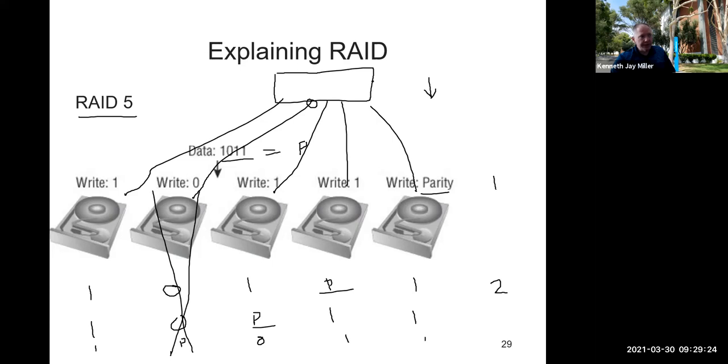And then if we have a hot swappable disk, so here's our hot swappable disk, it will automatically rebuild this data as it calculates it. And then eventually this disk that has failed, we can just come by and replace it.